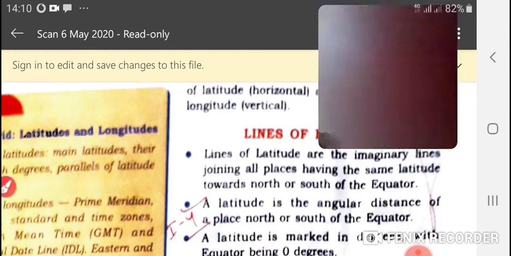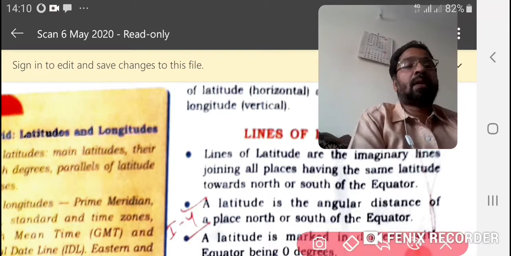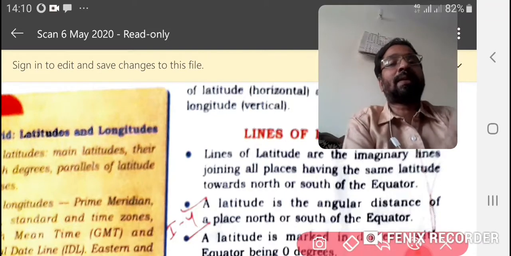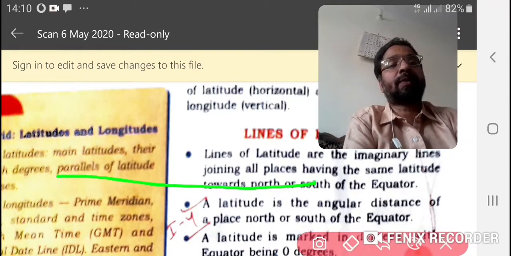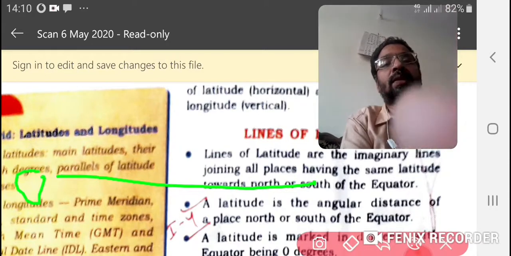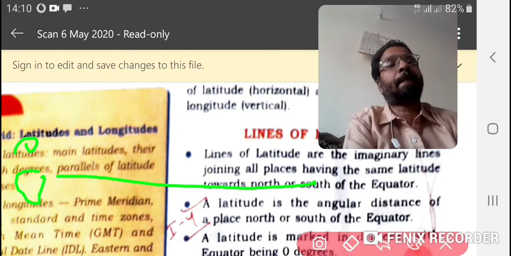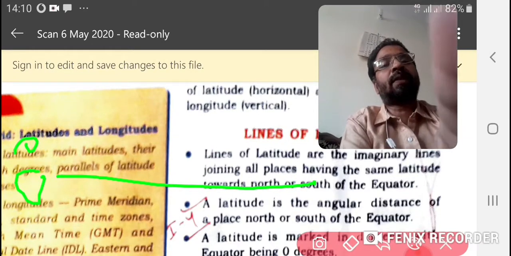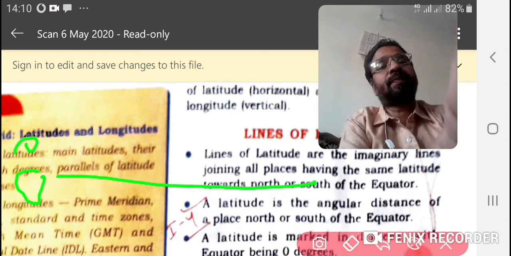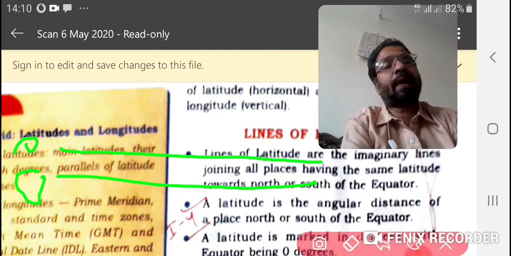First, think of the great circle. The great circle is the equator, isn't it? We consider the equator 0 degree. Then from 0 degree we calculate 5 degrees on top and we have one line, and in the same way 5 degrees below in the southern hemisphere.